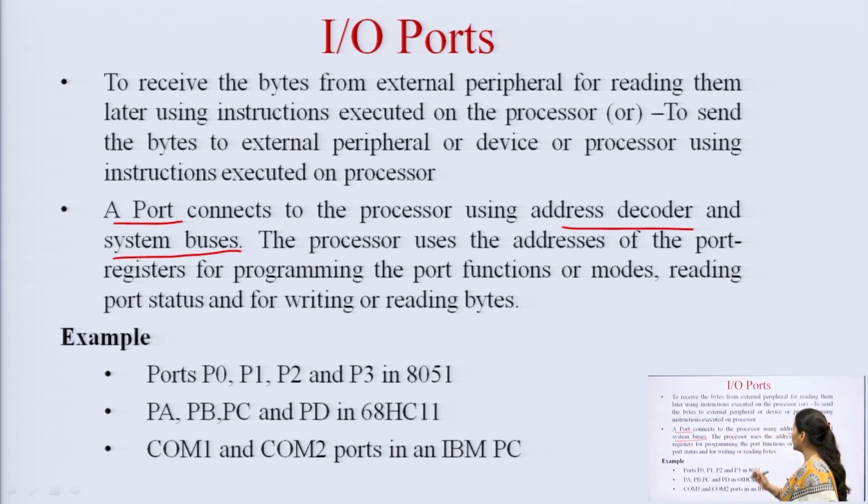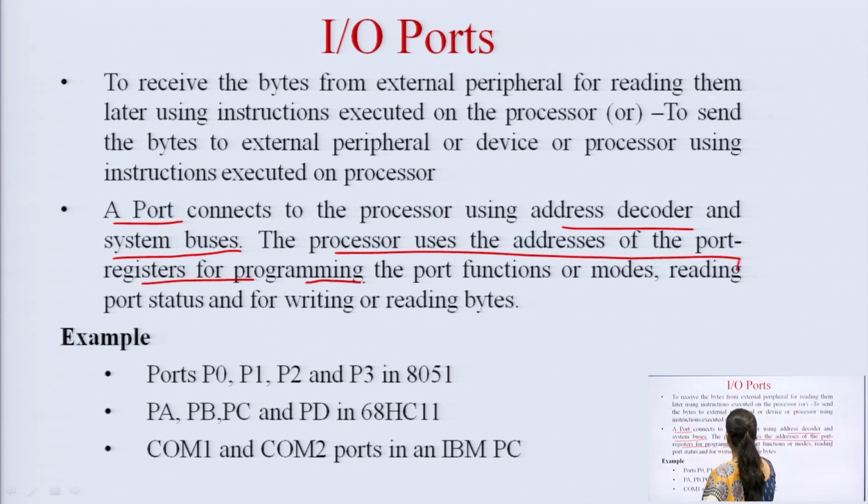The processor uses the addresses of the port registers for programming the port functions. So, there are certain ports and certain registers available along with the ports, and for programming and configuring the ports, we want to make the port an input port or an output port, and whether it is connected to the pull up register or not.